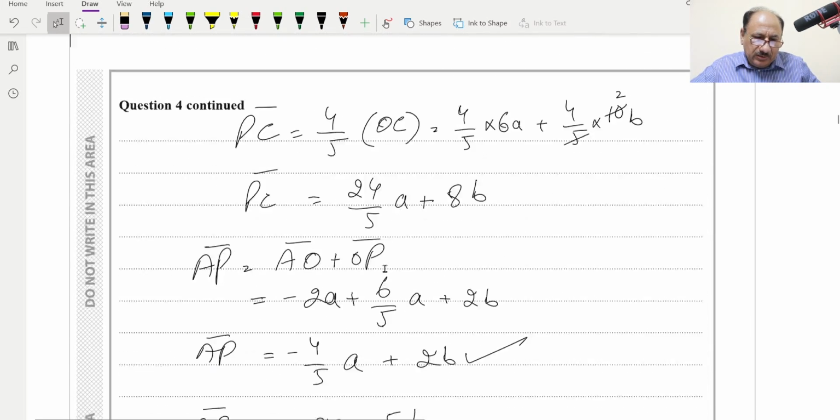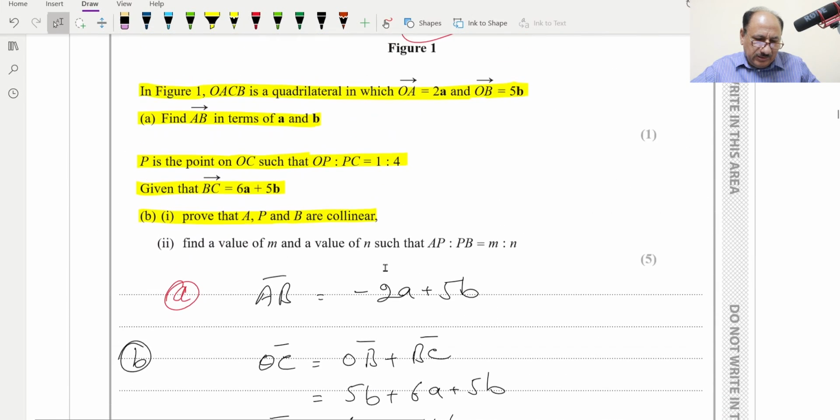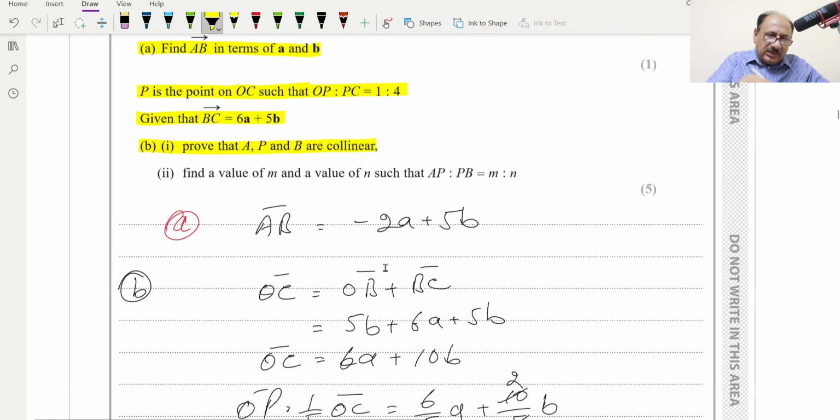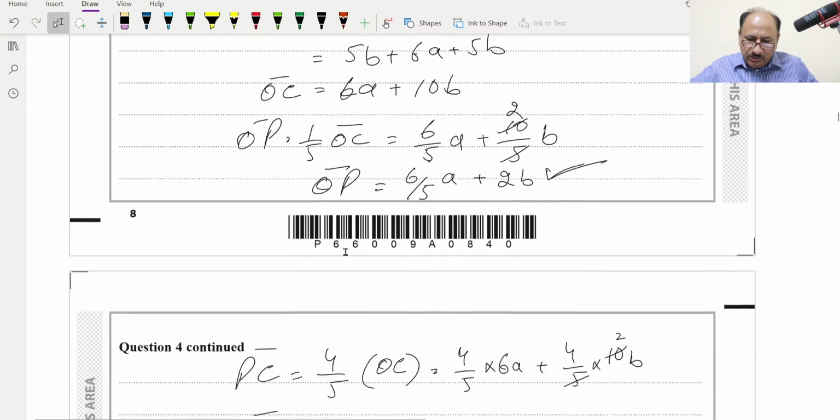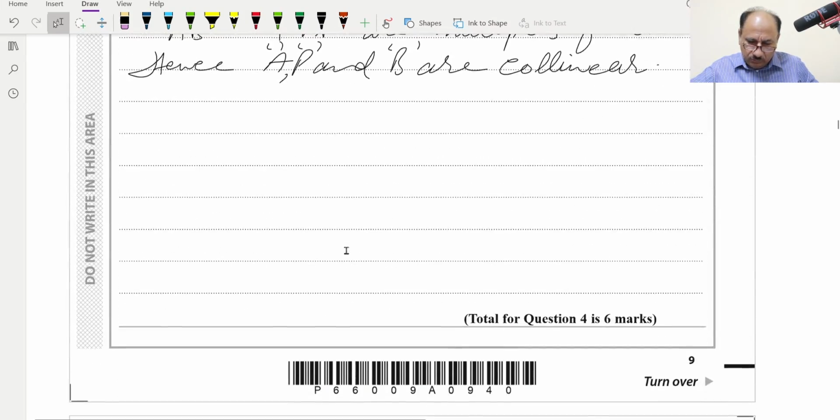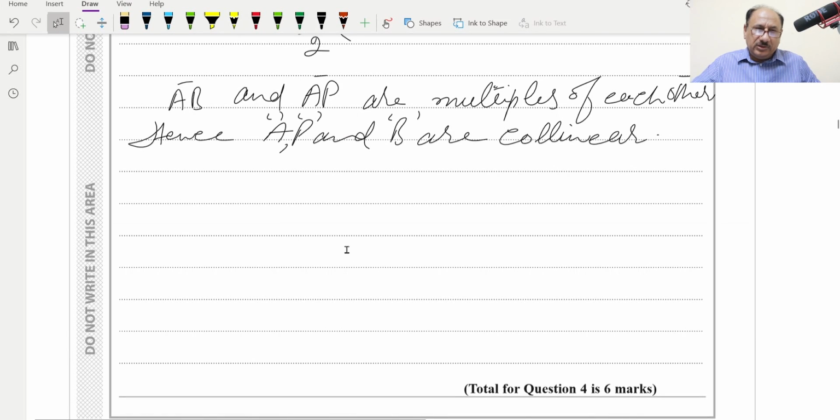Now we can understand B second part, and second part says find a value of M and a value of N such that AP ratio BP is equal to M ratio N. So we can solve this. Over here we have space. Over here we can utilize this. So B part 2 is what?